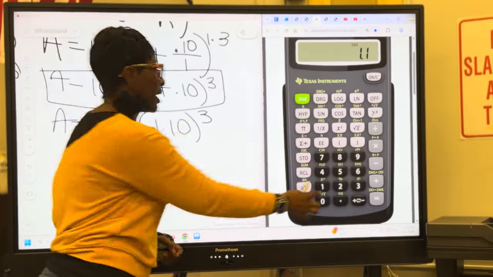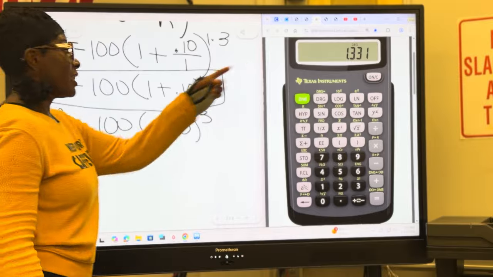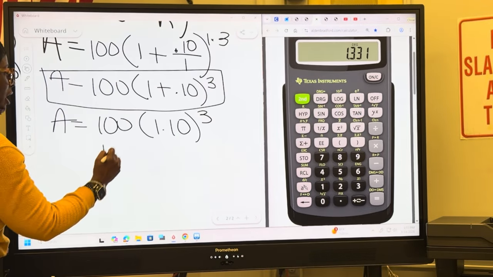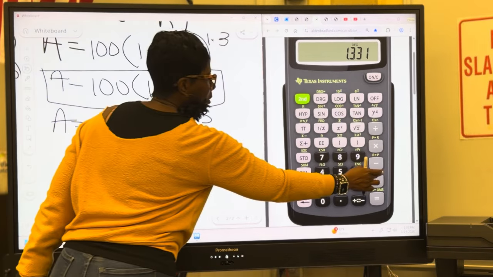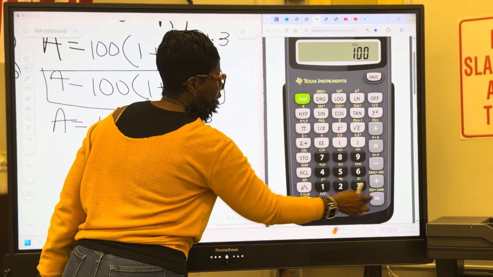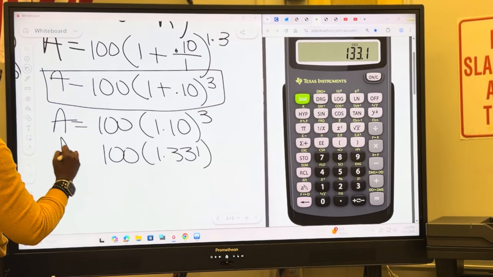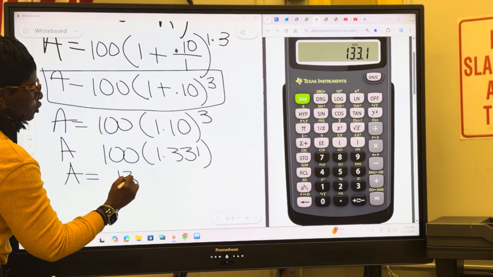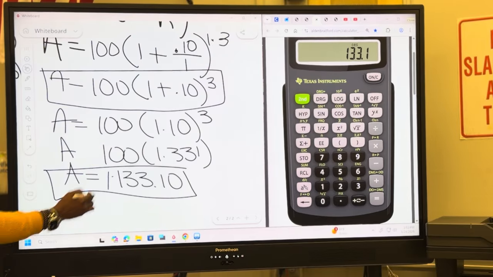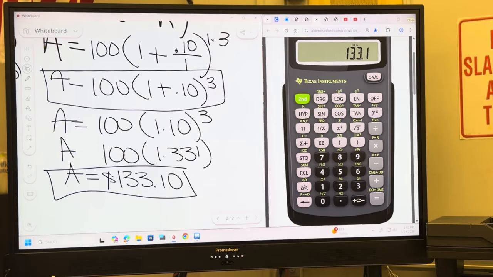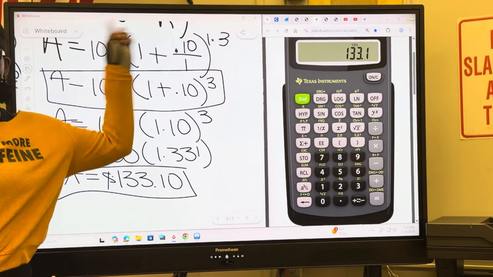I'm going to hit a 3 and press equal. That gives me 1.331. So 100 times 1.331. So I'm going to multiply that by 100 and bim. Look what it gives me. $133 and what? 10 cents. Isn't that the same amount we got on the table? Same exact amount. But we can jump all that if we just go straight to the formula.